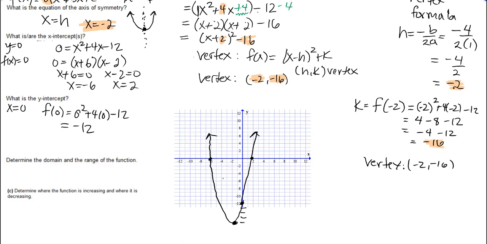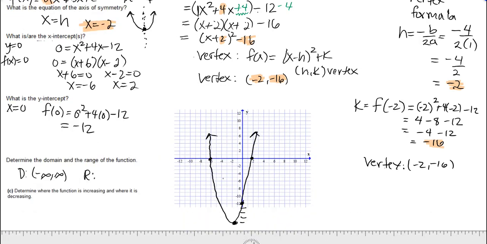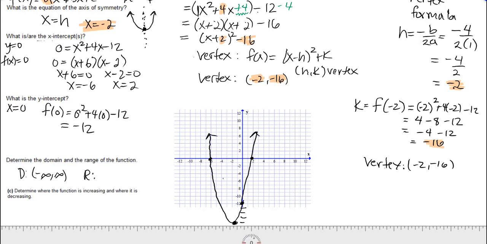Now the domain of every quadratic will be negative infinity to infinity, or all real numbers. There are no restrictions on substituting into a quadratic function. However, the range, I'll use my ruler here, range are the y values if I go from bottom to top.